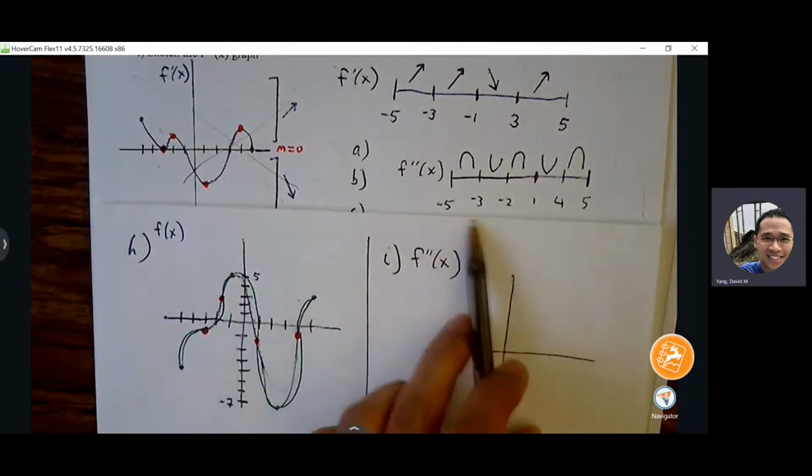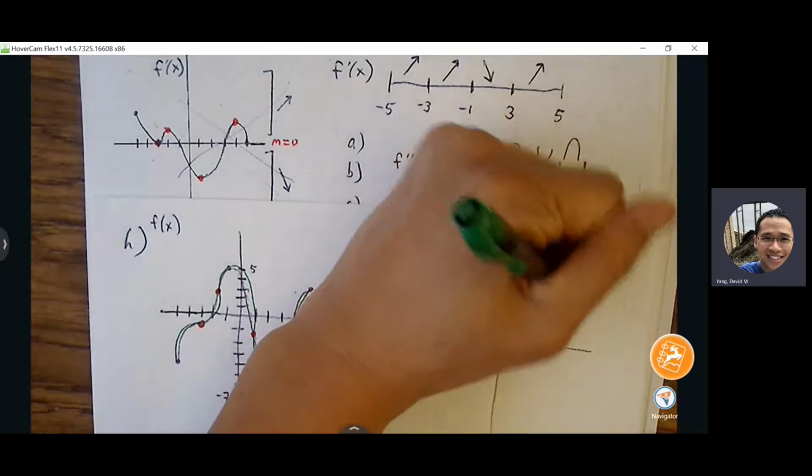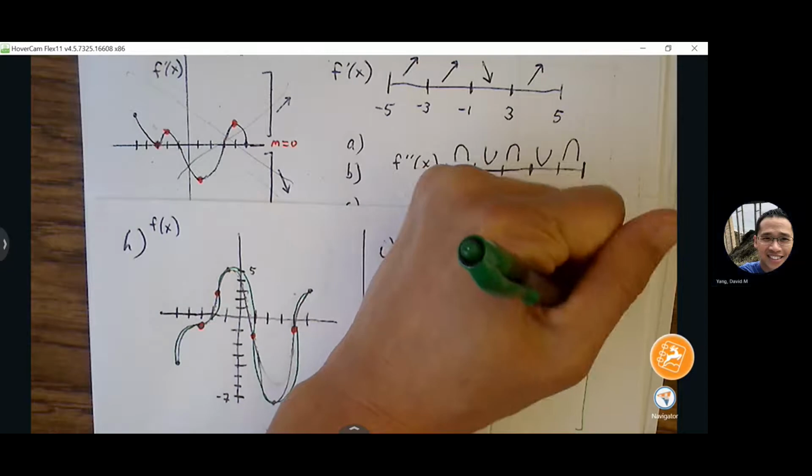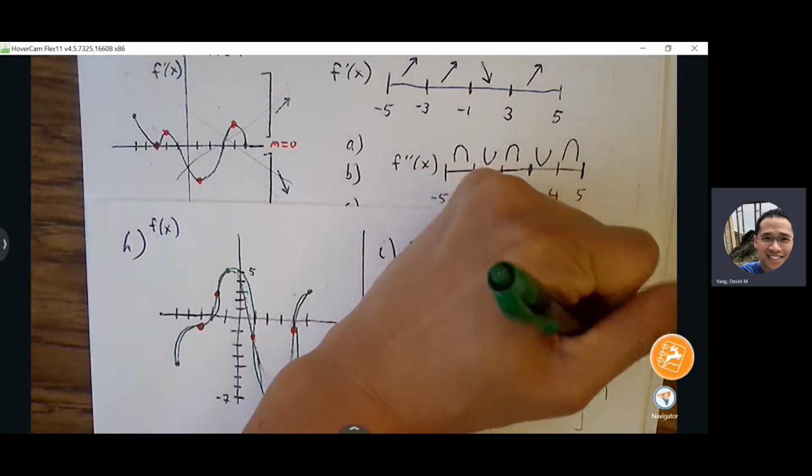Okay, so I'm going to label my second derivative sign line. Above is concave up, below is concave down. Anything on the x-axis is my POI.